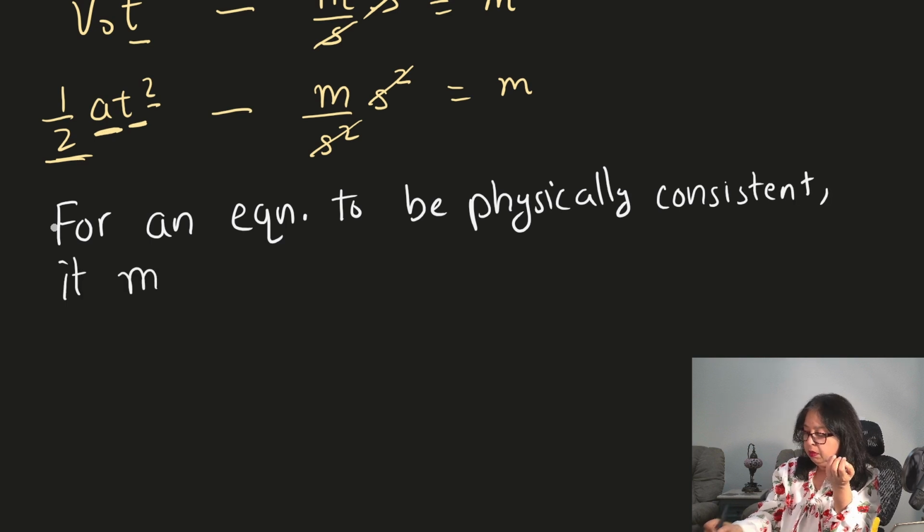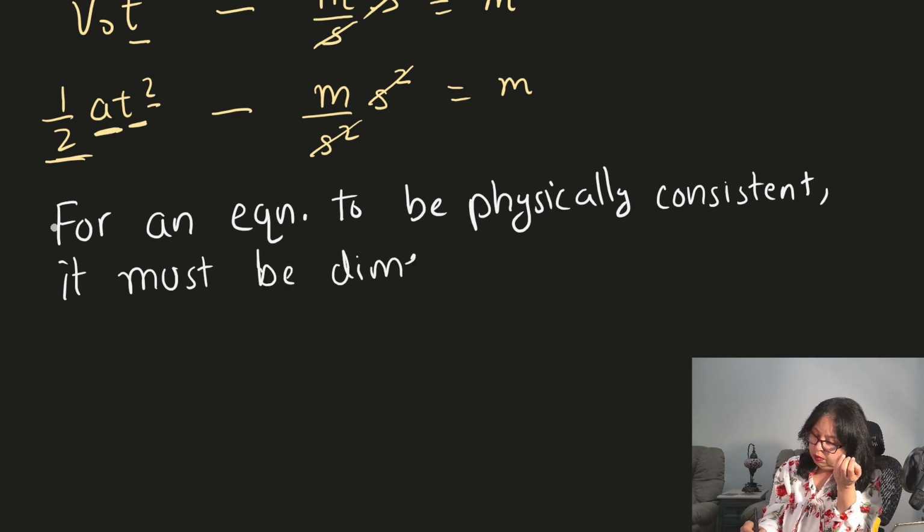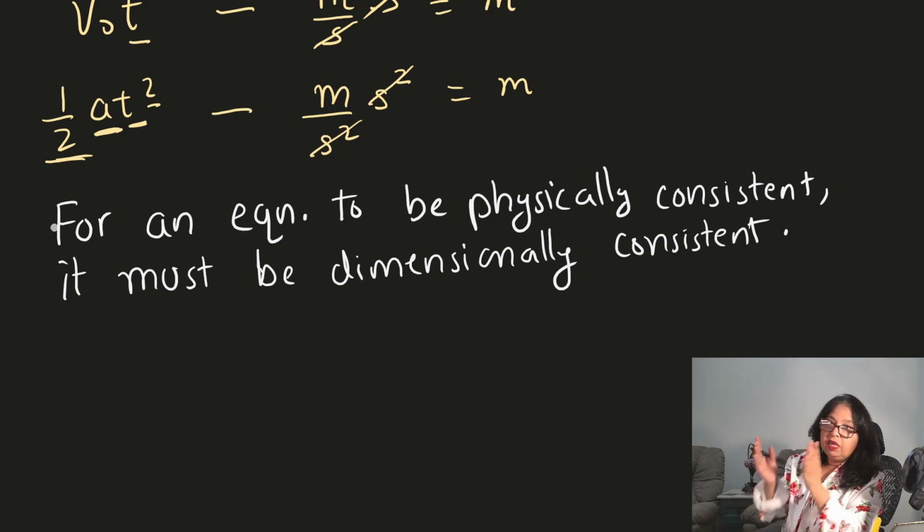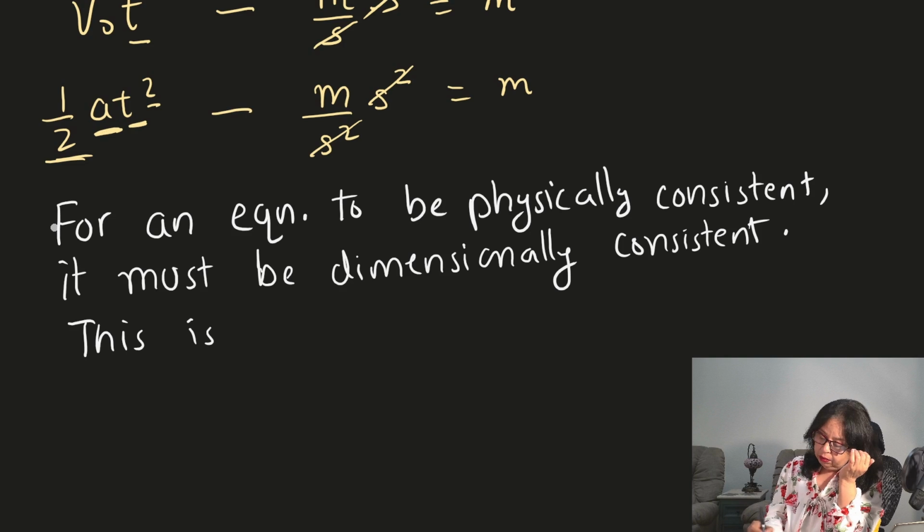It must be dimensionally consistent. Physically, it is correct only if the dimensions of each of the terms are identical. So this is a necessary condition for an equation to be correct.